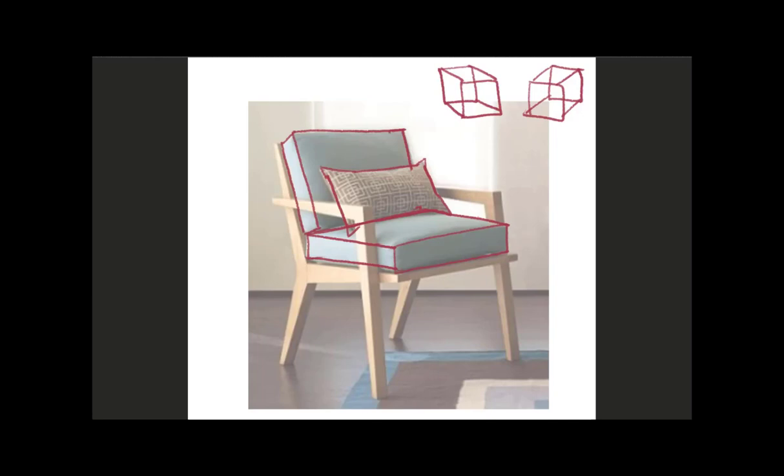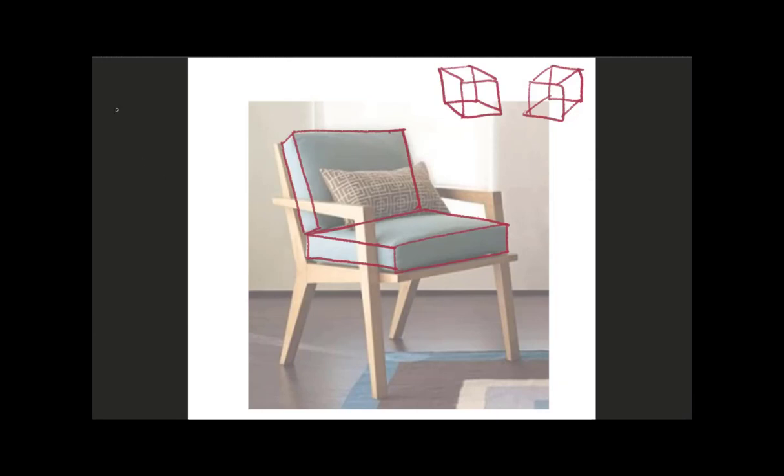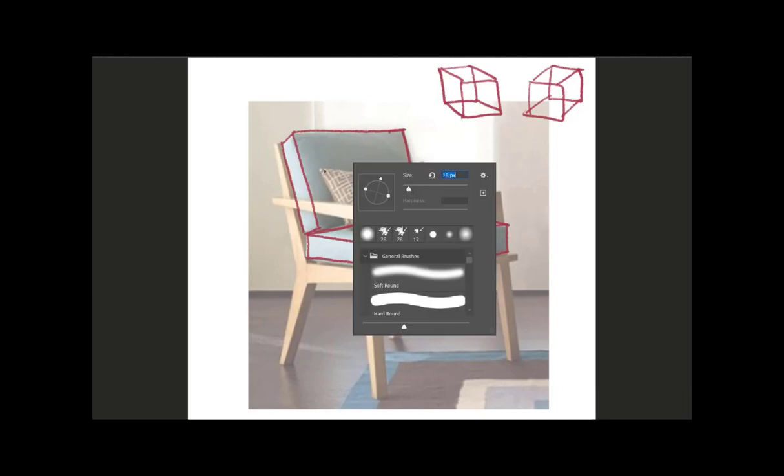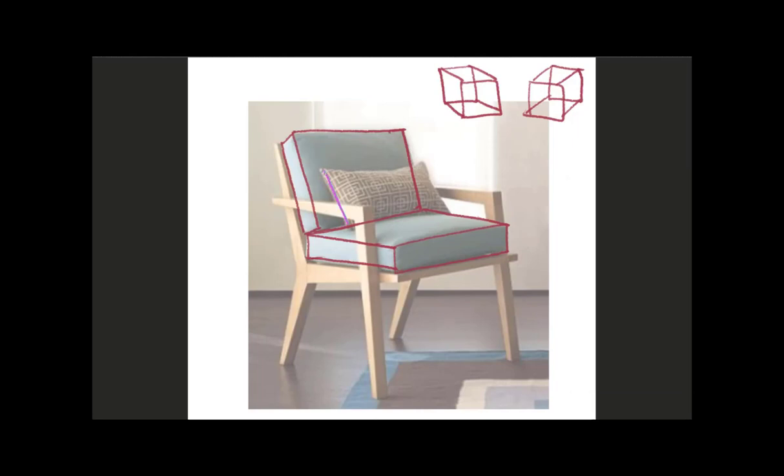Let me do that again using a different color so it's much clearer. So this is too light. You could see a rectangle, a triangle, a triangle, maybe a triangle here, a triangle.